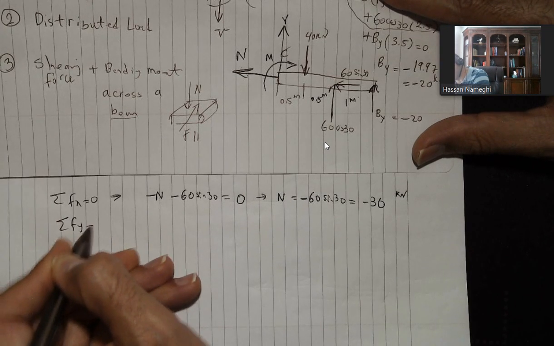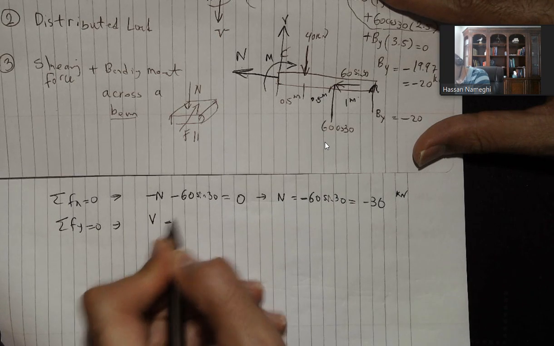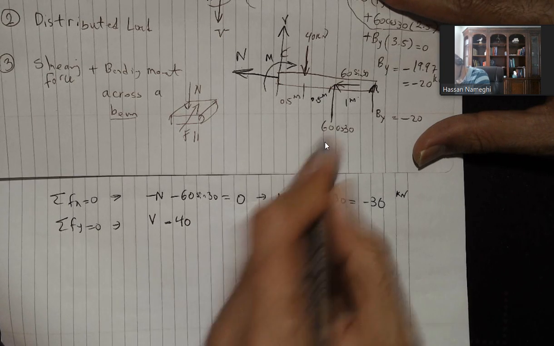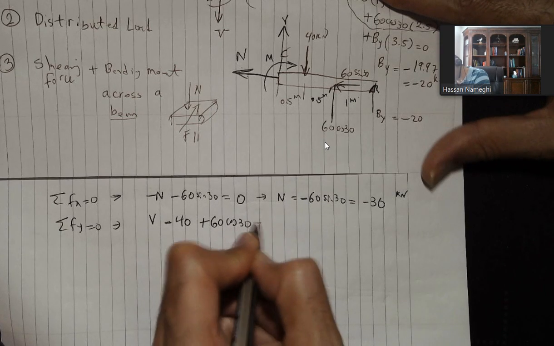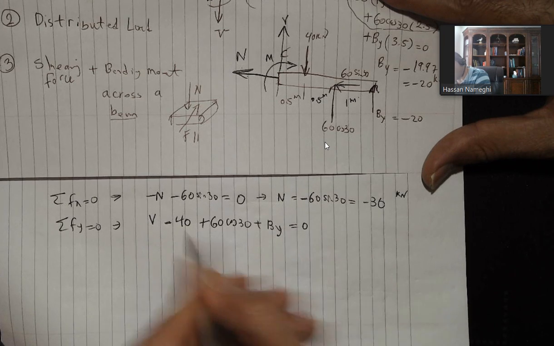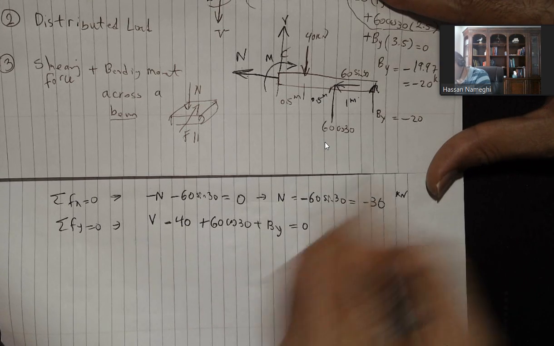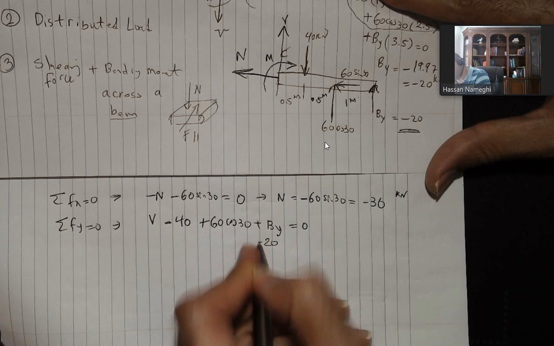Sum of Fy equal to 0. On the y, I have the V going up. I have minus 40 going down. I have 60 cosine 30 going up. Plus By equal to 0. Now in this equation, By is minus 20. I'm going to use minus 20 here.